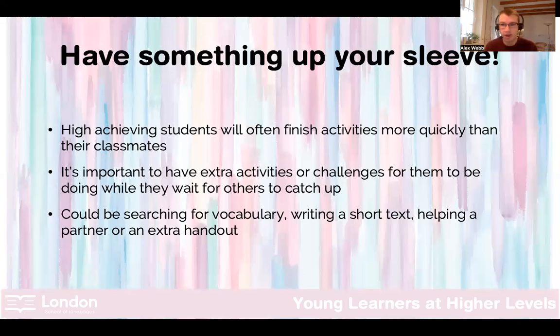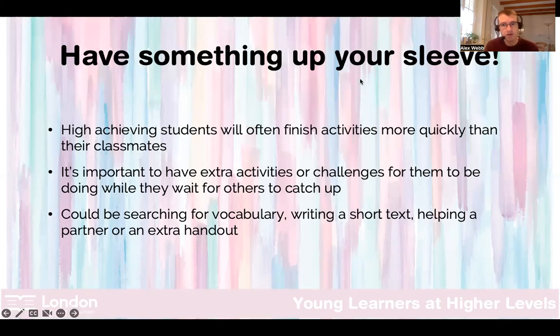And that was something that he could just work on every time that he had finished before the rest of the class. Okay, or you'll find now that most course books have extra handouts or photocopier activities that are related to the topic that you're doing in class. So it's a good idea just to have a couple of those next to you on your desk so that you can give those to any high achieving student that has finished more quickly than the rest of their classmates.